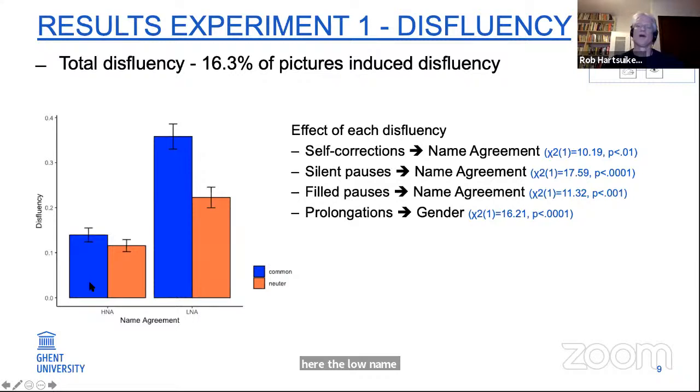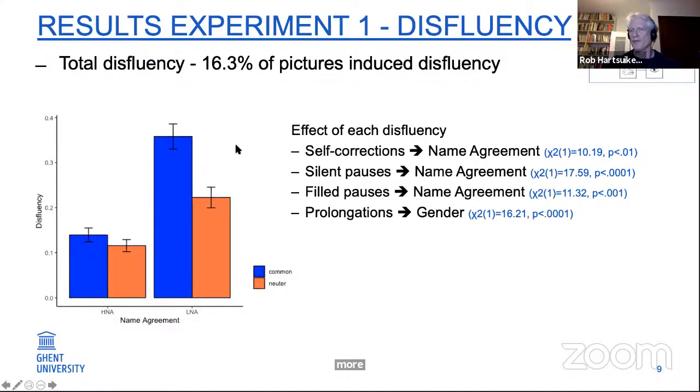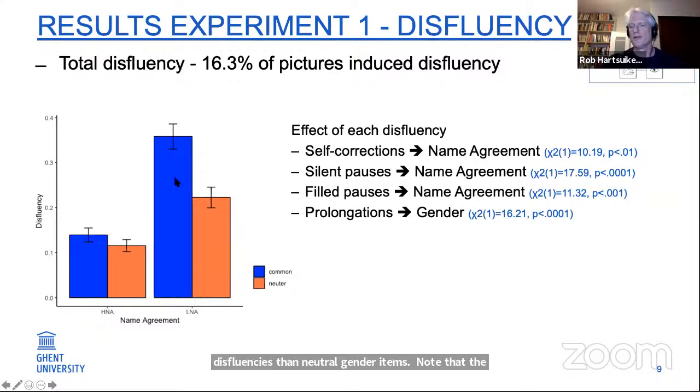Common gender items elicited more disfluencies than neuter gender items, and this was particularly the case in the low name agreement condition. The interaction was significant. Note that the gender effect is opposite from what we predicted. So more disfluencies for the more frequent, namely common gender items.